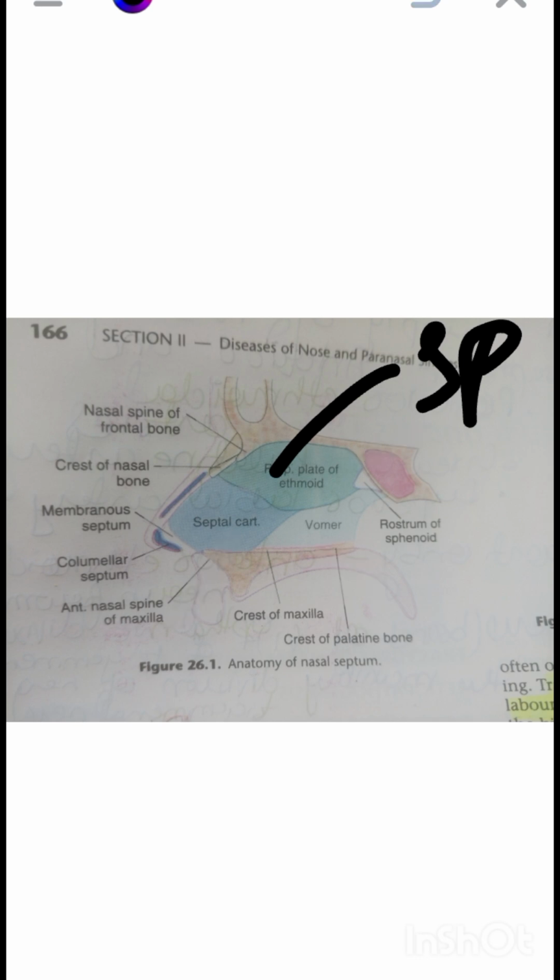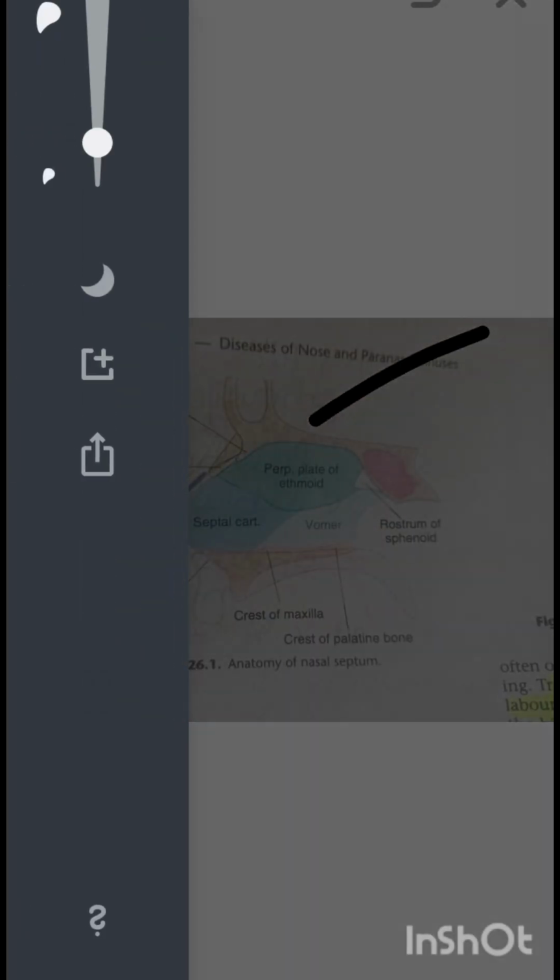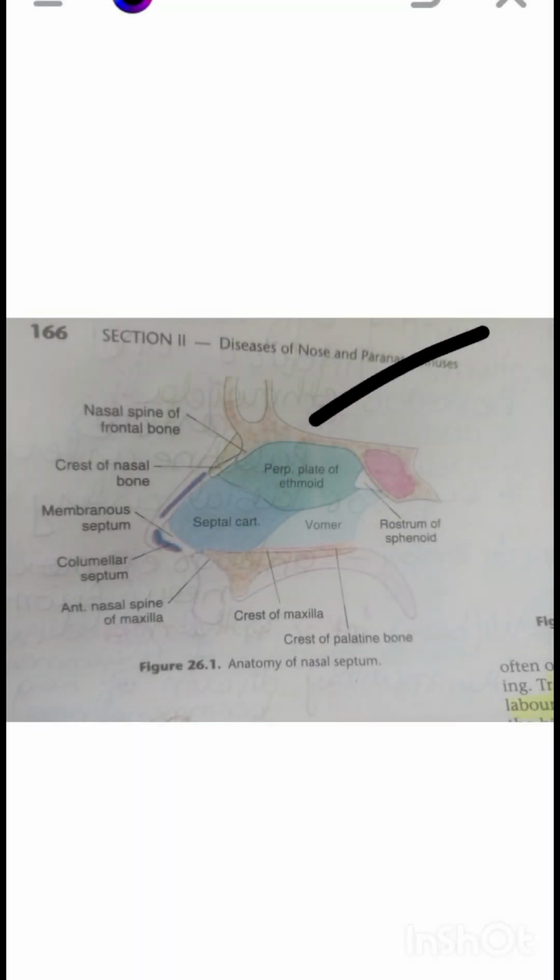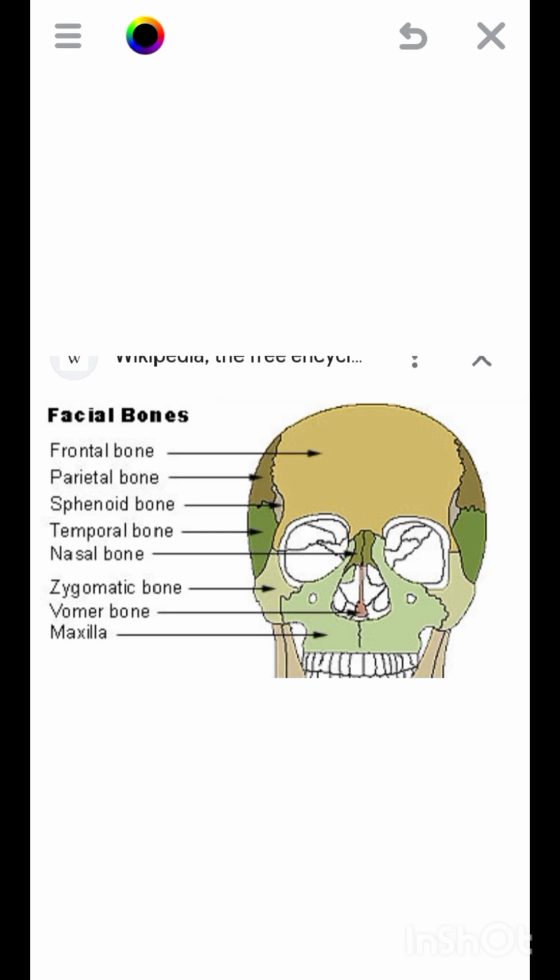Okay, now we have seen the anatomy of the nasal septum. Now we will discuss the location of the nasal septum. Basically, the nasal septum lies anteriorly on the vomerine groove. This is the vomerine groove. You can see here the vomer bone, and here lies the nasal septum.